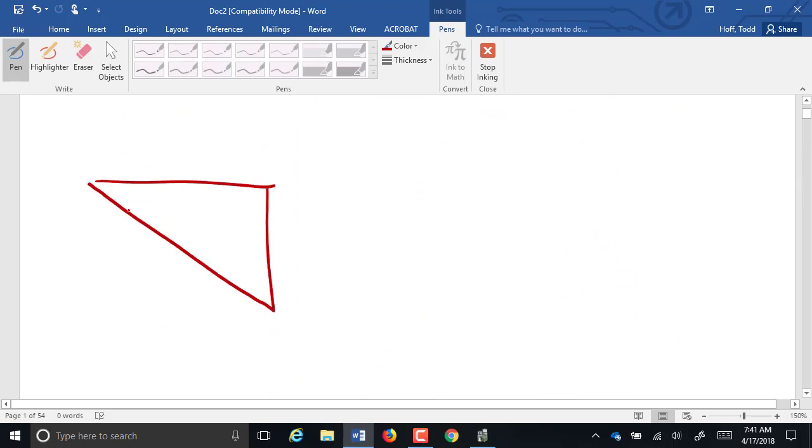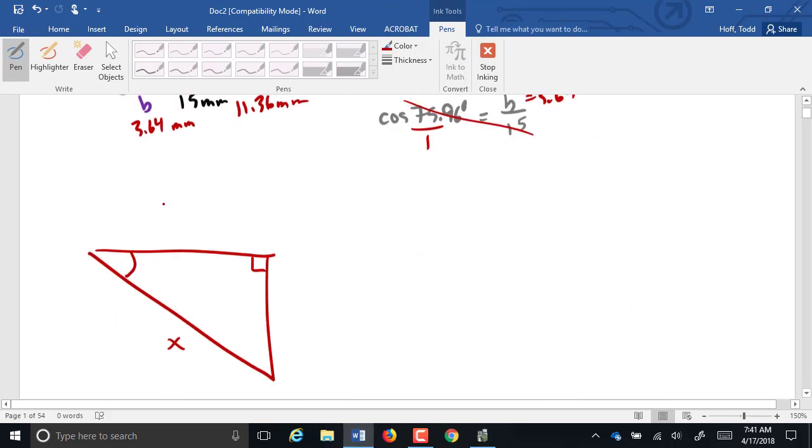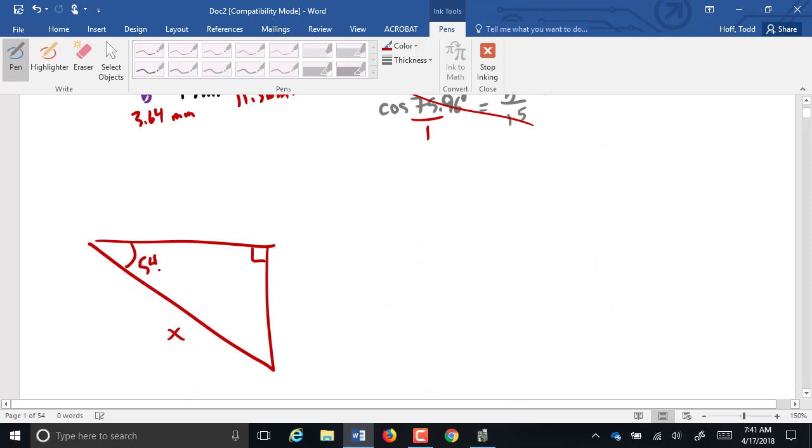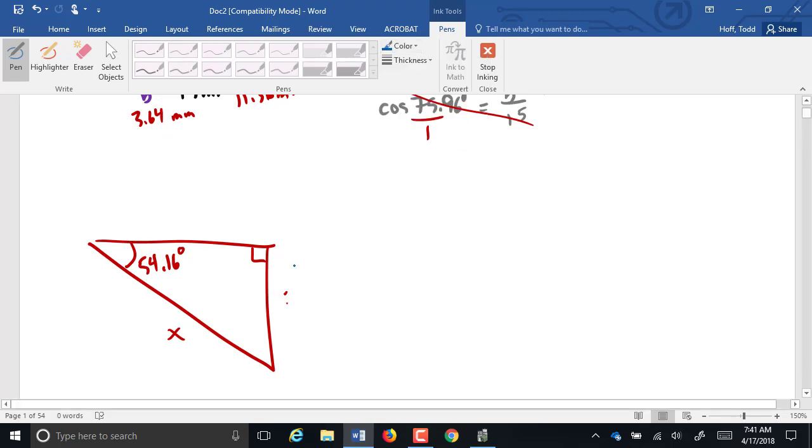It looks like this, has a hypotenuse of x. An angle here, what was that, 54.16. I'm going to call this over here D for now.